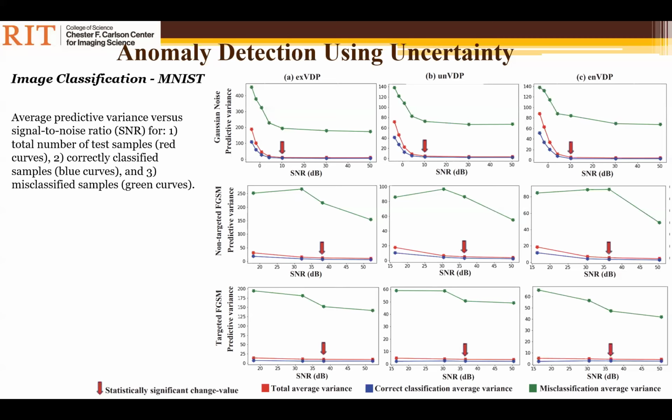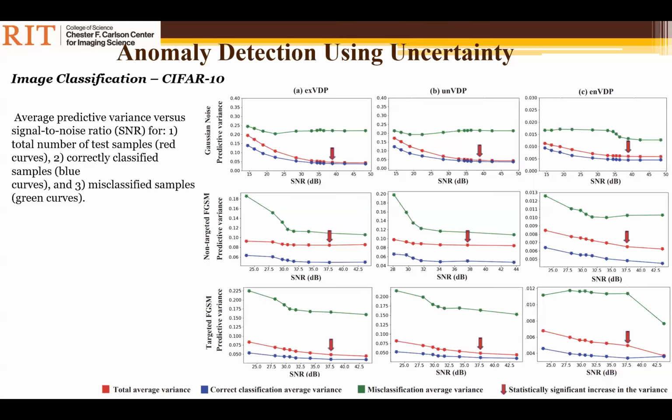Whenever the model is making a mistake, it's providing a very large variance compared to the variance for the correctly classified samples. So it's not randomly increasing the variance for all samples. The model has a large variance specifically when the instances are misclassified by the neural network.